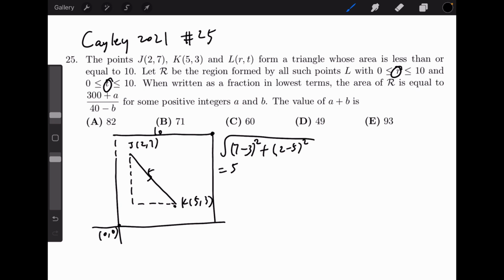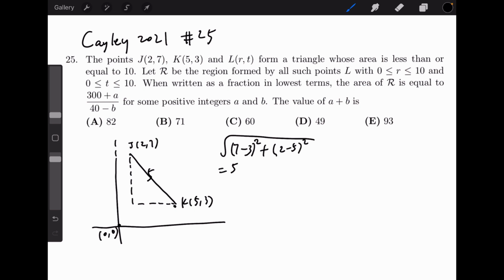And this point is the furthest point L can be, which is 10, 10. Okay, so the next piece of information we can make use of is that the maximum area of the triangle is 10. And if we treat JK as the base of the triangle, then we can get the maximum height of the triangle.